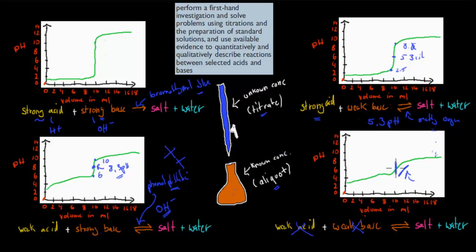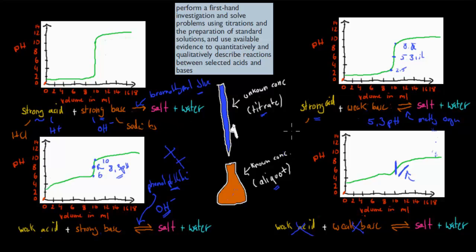We want to have a steep rise, and we get a steep rise with all the other ones. So if we do have a weak acid, we're going to use a strong base. If we have a weak base, we're going to use a strong acid. We don't do weak acid to weak base titrations. So examples would be, for example, we might have hydrochloric acid as our strong acid, and then we might have sodium hydroxide as our strong base. Those titrations will produce salt and water.